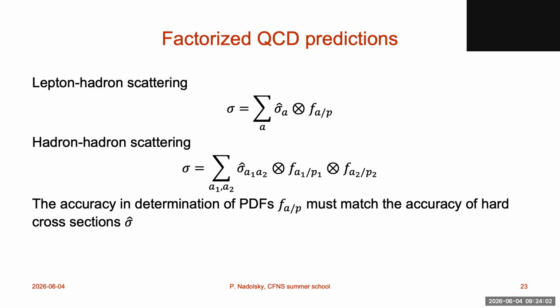Whenever we calculate sigma hats to very high accuracy, we must have PDFs that match the accuracy of the sigma hats, even though we obtain PDFs not by calculating them in perturbation theory, but by fitting them. That's where the challenge lies, because we can calculate the sigma hats very precisely, to an accuracy of about 1%, but then we need to set up the determination of PDFs, which is really a big data analysis, to the same kind of accuracy. So you need to deal with different kinds of issues to control the uncertainty on PDFs.